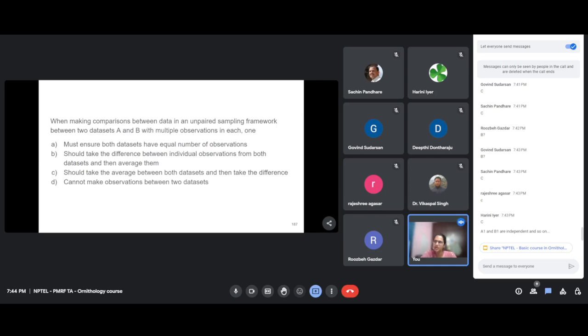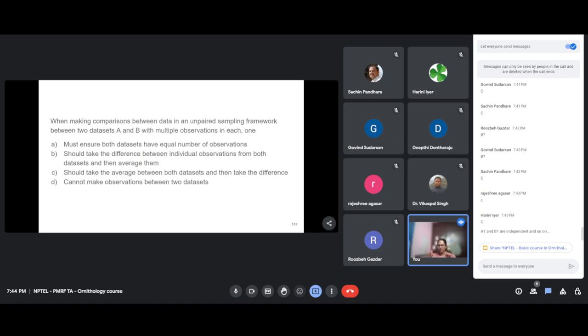So you can't really take the difference between A and B first and then divide it, like the difference between A1 and B1, A2 and B2, A3 and B3, and then add up all those differences and divide. No, that's not going to give you anything.